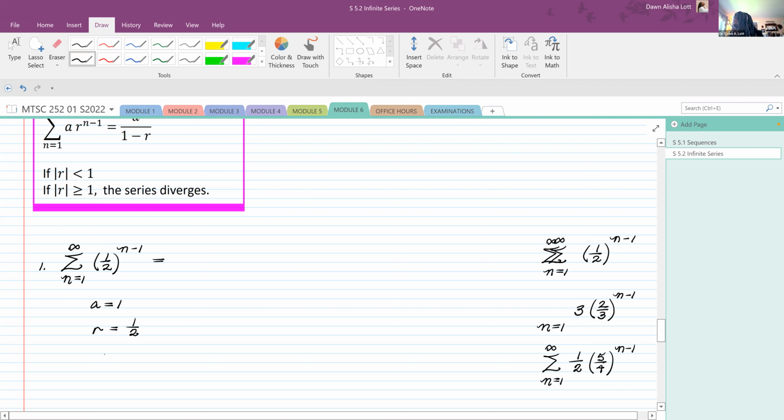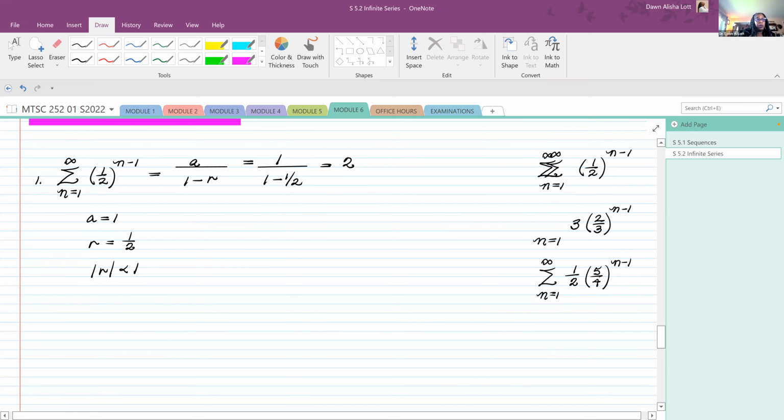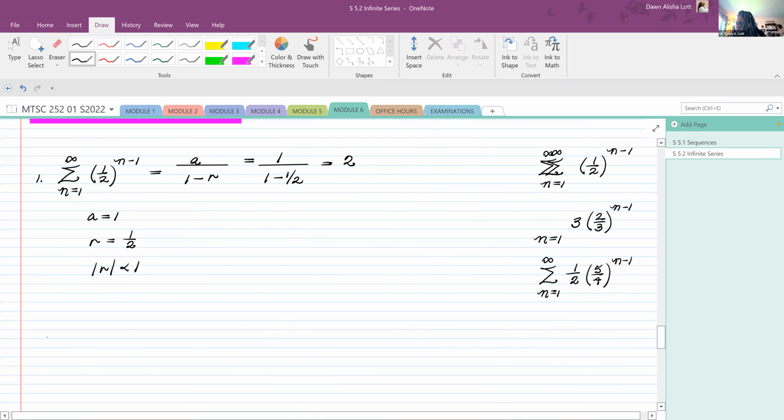And the absolute value of R is less than 1. So this is going to be A over 1 minus R. So that's going to be 1 over 1 minus 1/2, which is 2. Okay, so that takes care of the first one. And we should get 2 because we already proved that to ourselves.